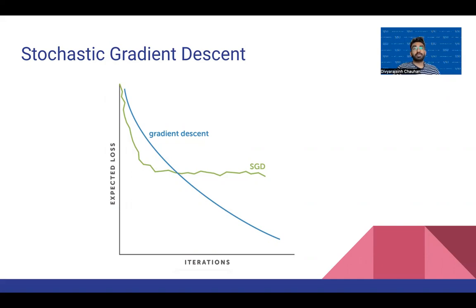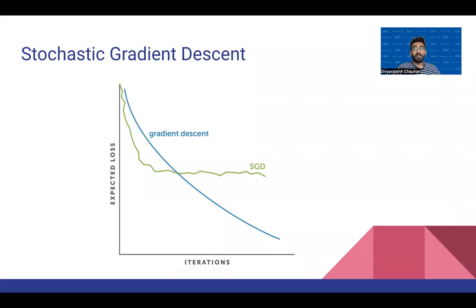So what we can do is use stochastic gradient descent. Instead of using the whole data, we draw a random example from the training data and perform a gradient descent like update with respect to the single example.